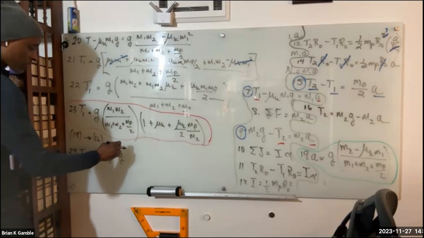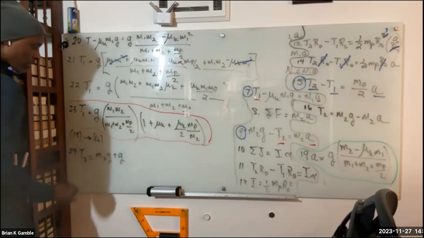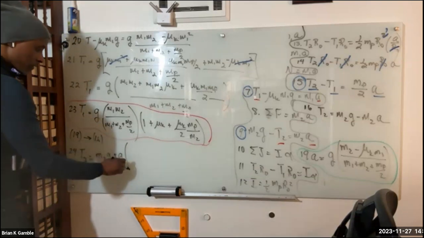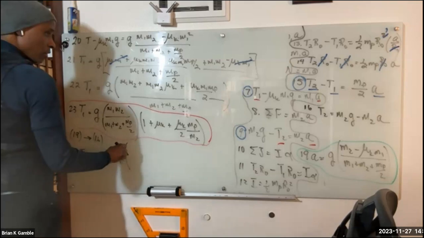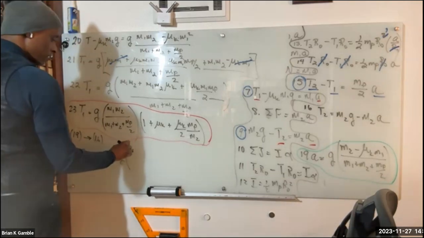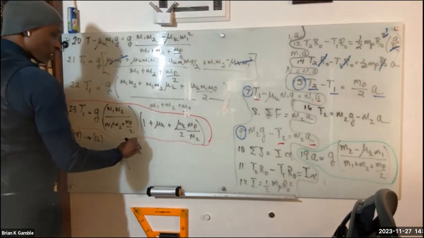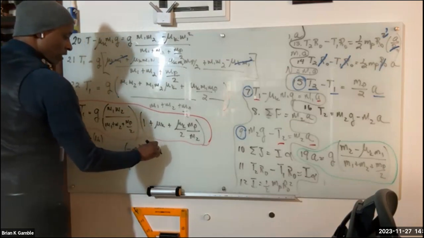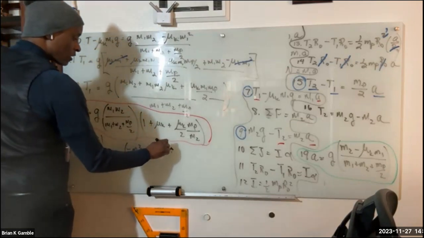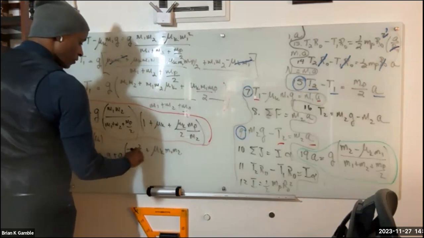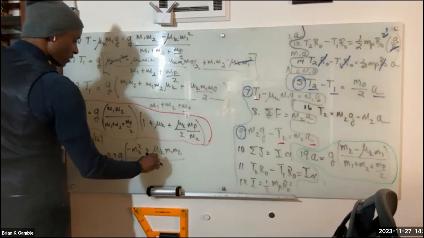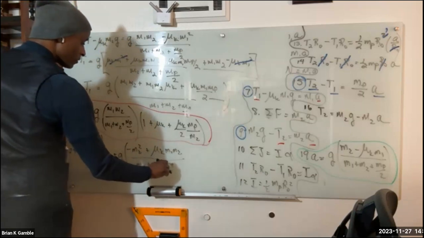I should keep that plus. And then over here you will have the quantity minus M2 squared, and then minus and the minus is a plus, mu k M1 M2, and then of course over the denominator, M1 plus M2 plus MP over 2.